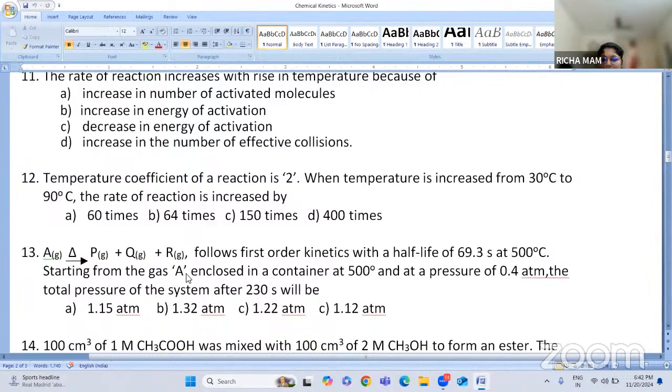A is a gas enclosed in the container at 500 degrees Celsius and a pressure of 0.4 atm. So what will be the total pressure after 230 seconds? How are we going to solve this?